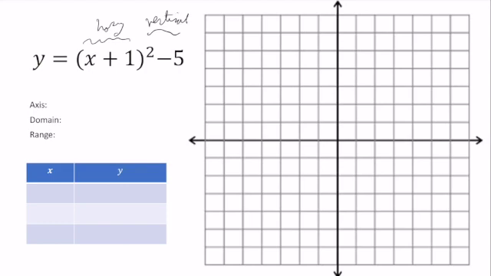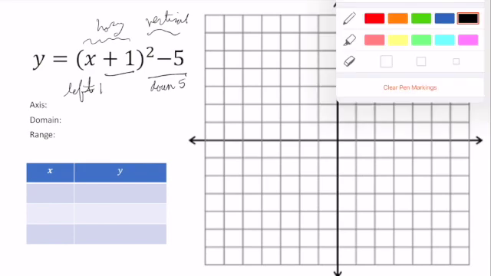So it's going to be a vertical shift of -5, so down 5, and a horizontal shift of -1. So I'm going to go left 1 and down 5. That's what I predict from what I know previously.